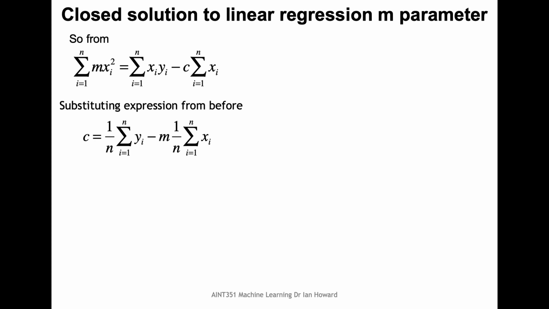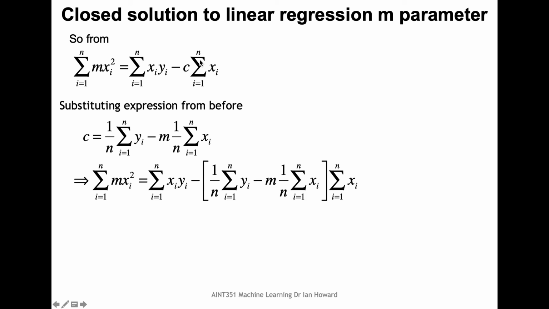So if we substitute this expression for c into the c here in the equation at the top, then we end up with an equation which is just in terms of m, xi, and yi, which is good. That means we can now solve this for m, and that's really what we're trying to do.